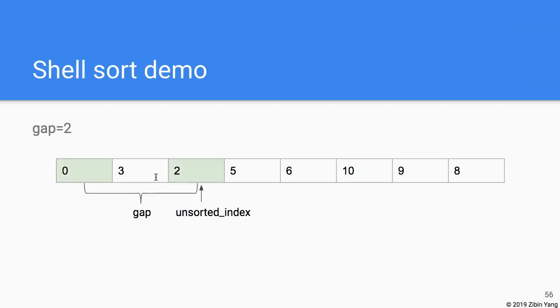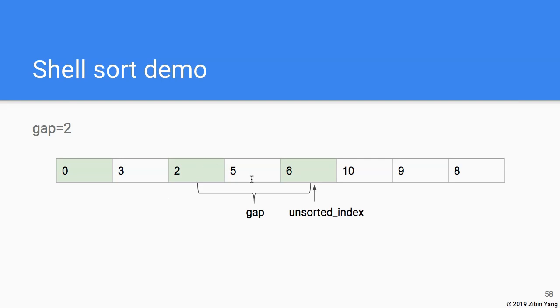So we start at gap is 2. We start at position 2, right? Look back 2 positions. We compare with 0. It's good. Now we go to this pair, 5 and 3. We are good. 6 and 2. We are still good.